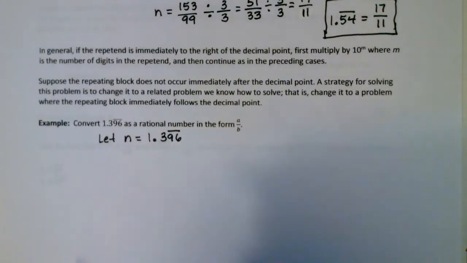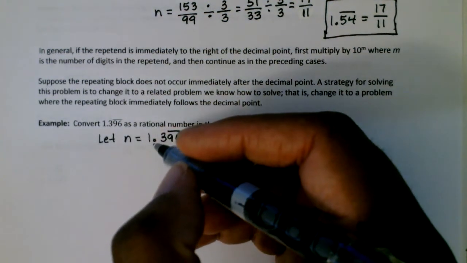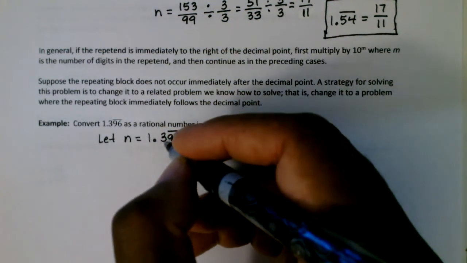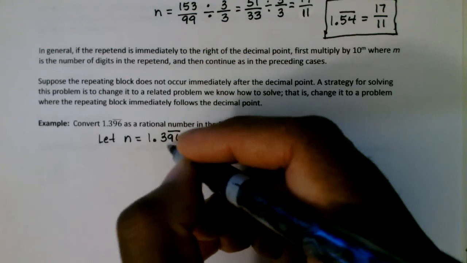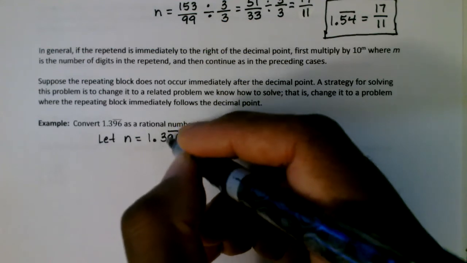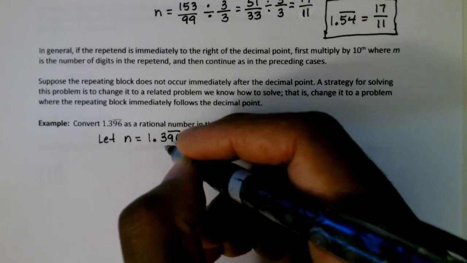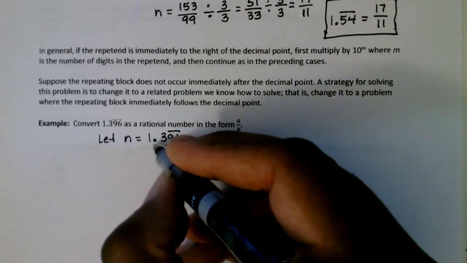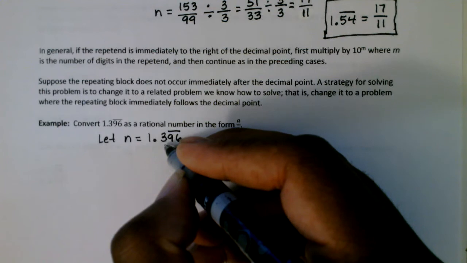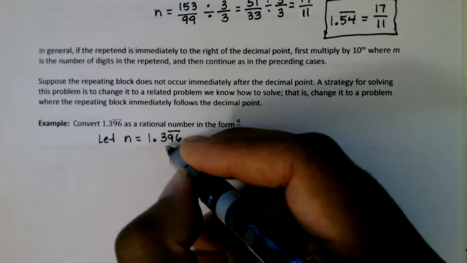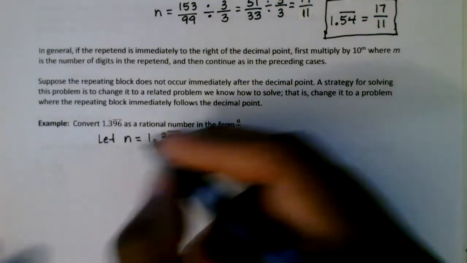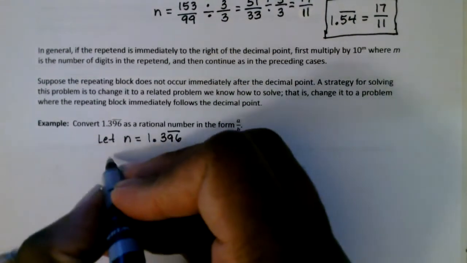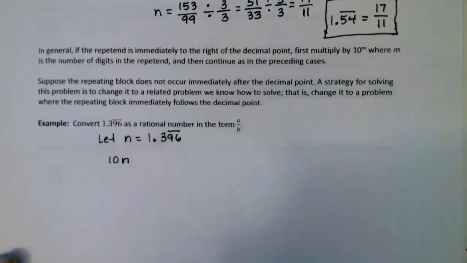Okay. Now let's focus on this. There's only one number after the decimal point that does not repeat, and that's the 3. Well, if I want to move this decimal point over to the right so that the decimal point is behind the repeating part, I need to take this equation and multiply it by 10.